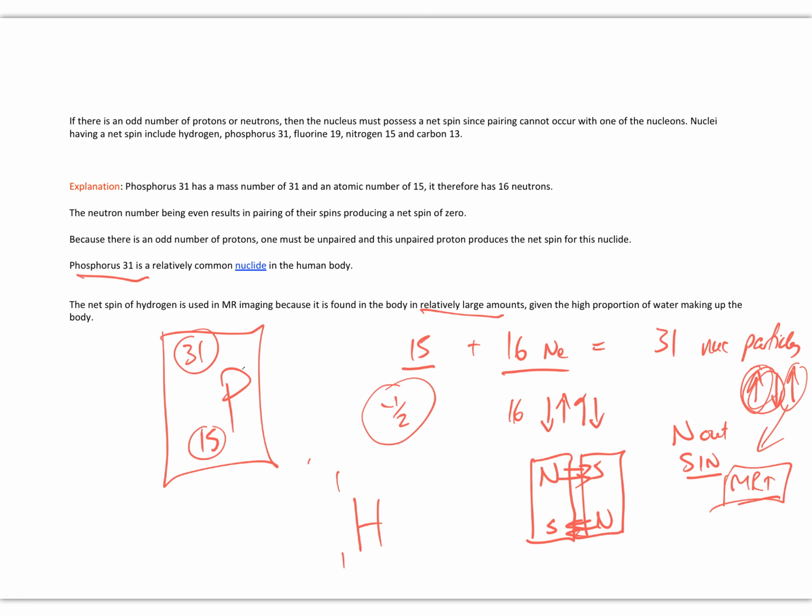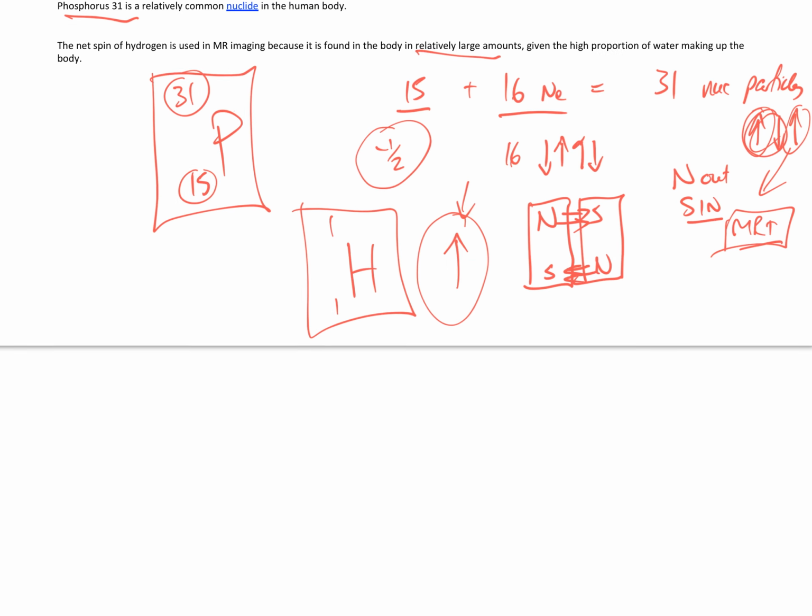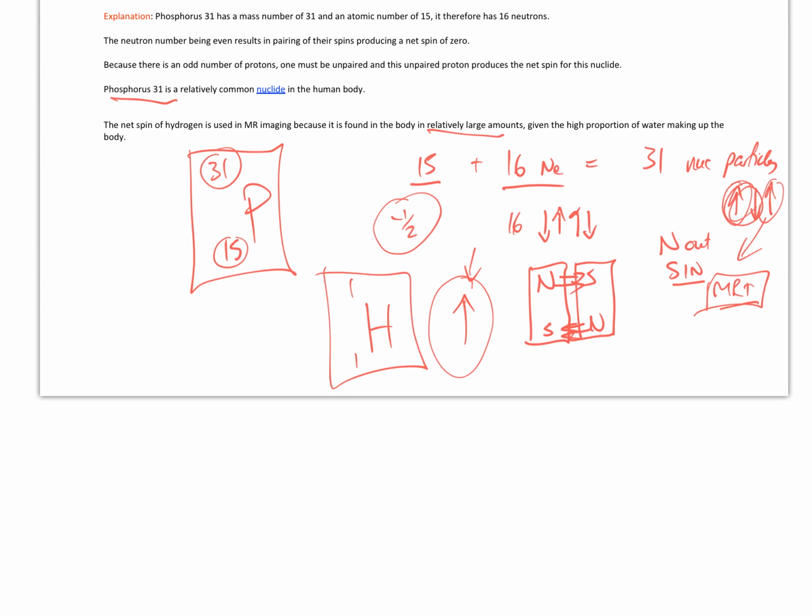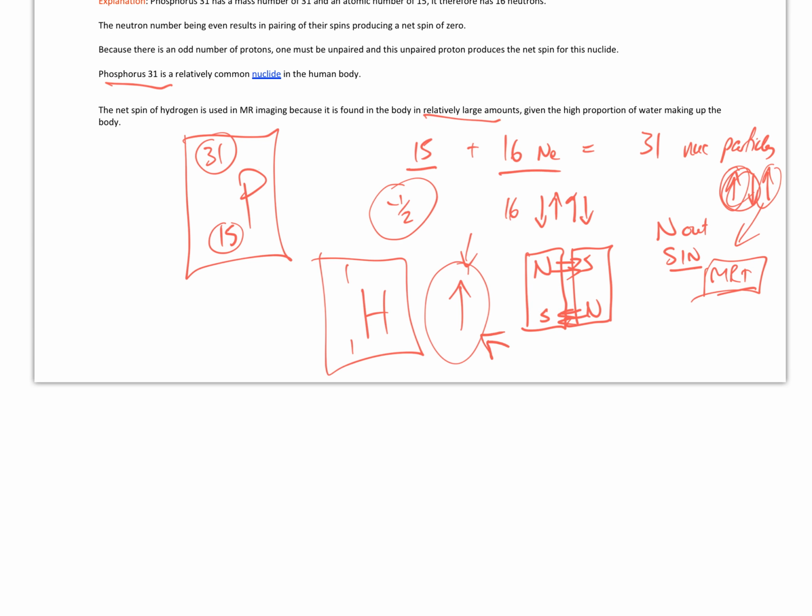Hydrogen, again, if we look at it, has one proton. There's no other proton, there's no other neutron to interact, so it has a net spin. It reacts and is used very well with MRI scanning. It's also very common in the body.